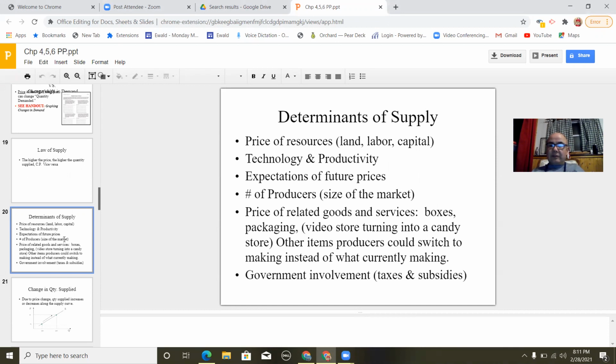Price of related goods and services. These are things like boxes and packaging. They aren't necessarily things that go into the product themselves, but are related side goods or expenses that might be related to the production of baseball bats.